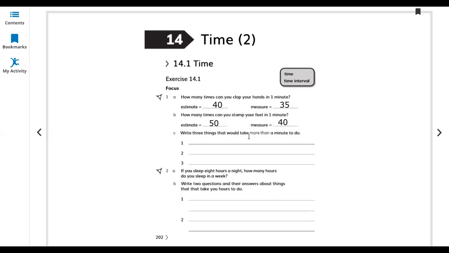Write three things that would take more than a minute to do. You can write any three things which need more than a minute.